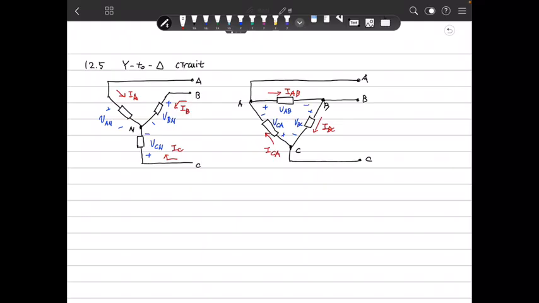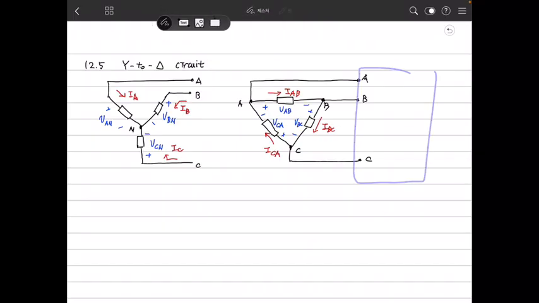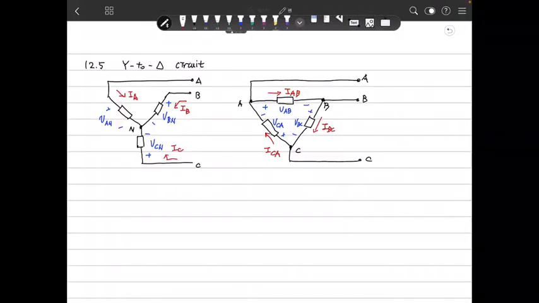But our concern is actually not the current of the element, because this system is connected with another circuit. So we need to focus on the currents going through IA, IB, and IC.